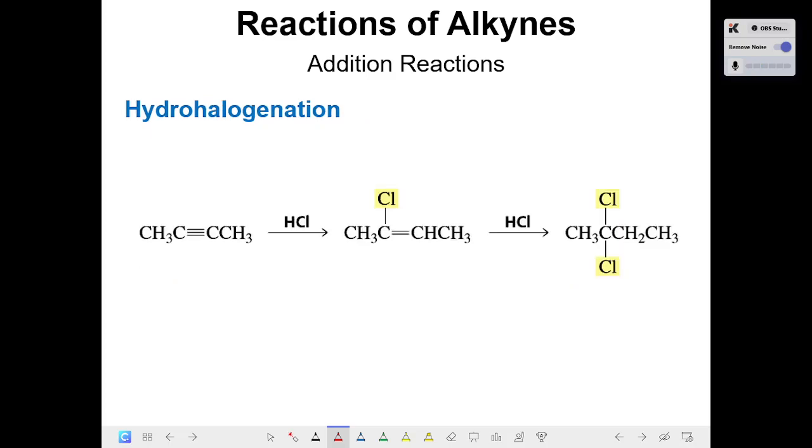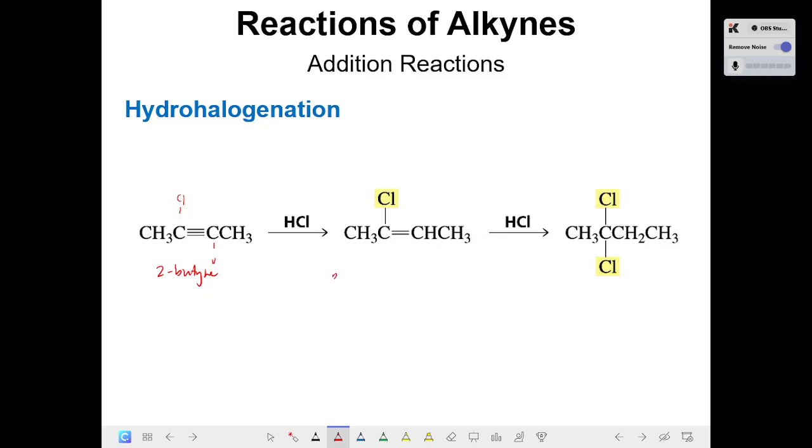So let's give an example. For example, this one is 2-butyne. So 1, 2, 3, 4, and then the triple bond is between 2 and 3. So if we add HCl, so dito kumabit yung ating Cl, and then dito kakabit yung ating H. So that's why the intermediate looks like this.